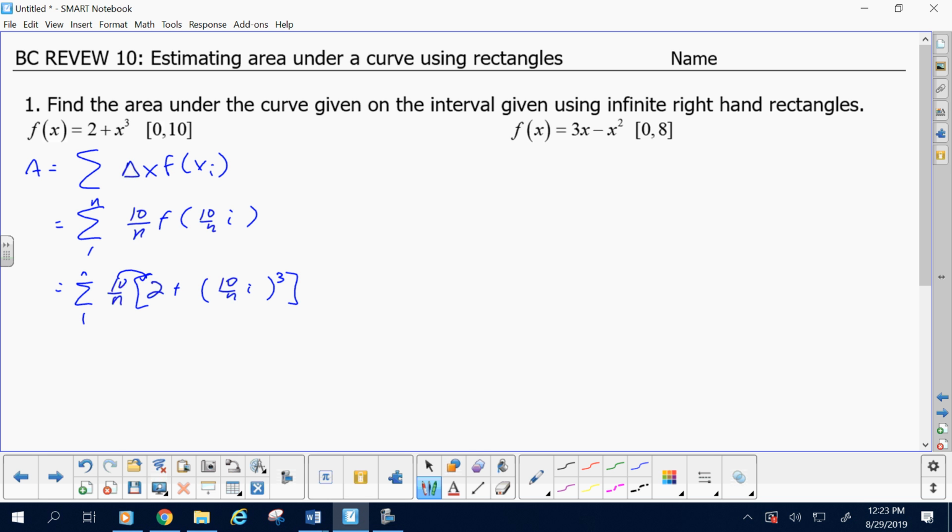Isn't it just ready to be separated? Yeah? So the first separation is 10 over n times the sum of a bunch of 2's. And the next is, so you're good, 10 over n to the 4th times the sum of a bunch of i cubes. Cool.